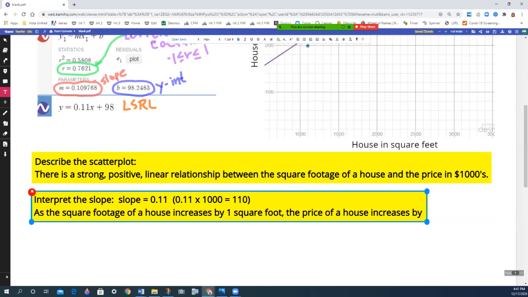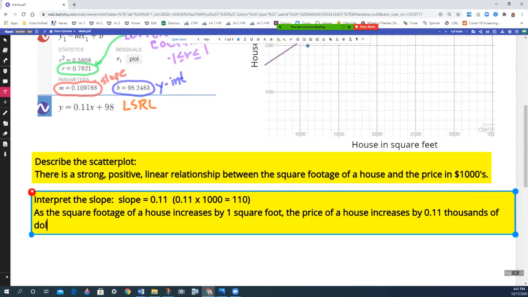So as the square footage of a house increases by 1 square foot, the price of the house increases by, and I will write it this way, 0.11 thousands of dollars. Okay, I'll write it like this.